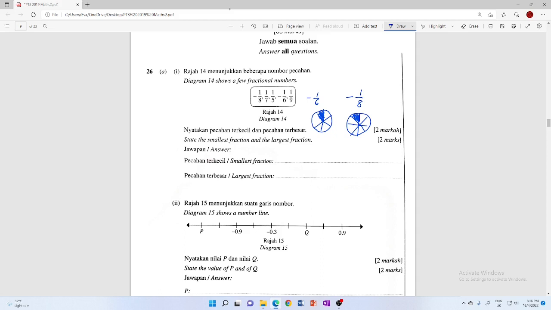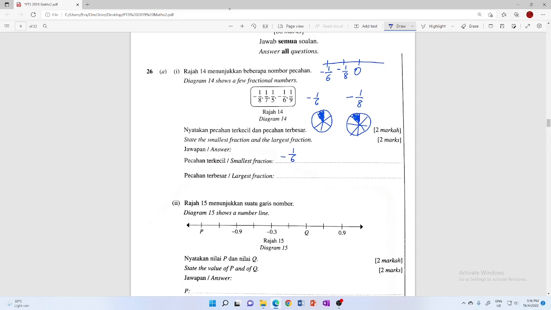So for a negative number, when we look at the number line, 0. For a negative smaller number, it should be closer to 0. And a negative value that is a larger number is further away from 0. So negative 1 over 6 is the smallest fraction.